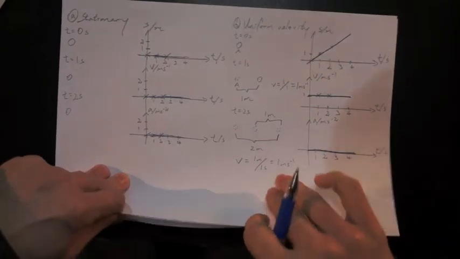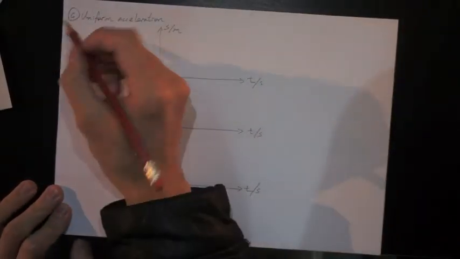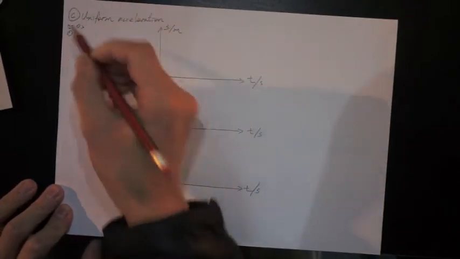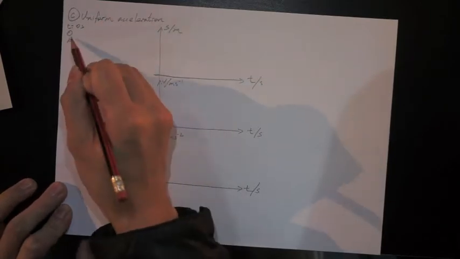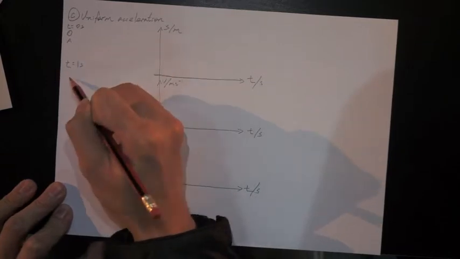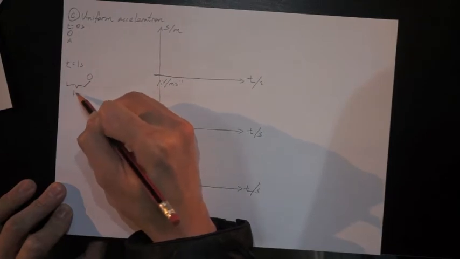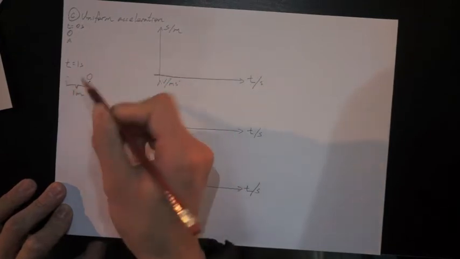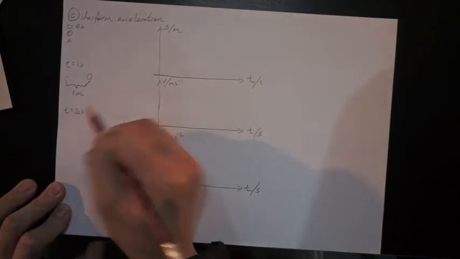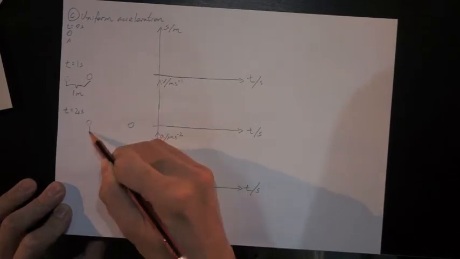And for the third case, an object under uniform acceleration: at time equal to 0, the object is at position A. At time equal to 1, the object travels 1 meter, and at the second, the object moves 2 meters.